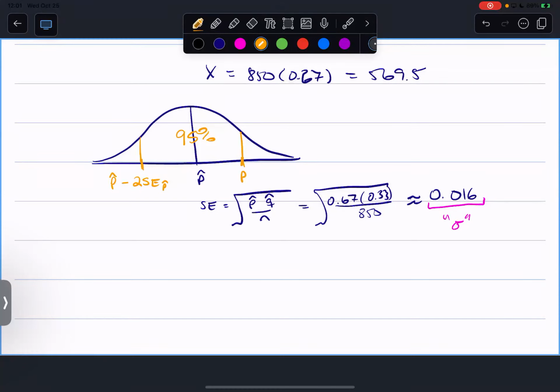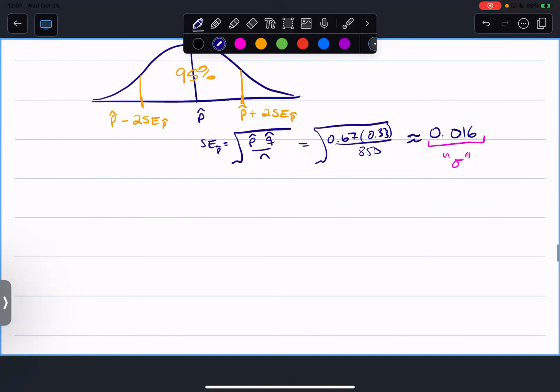Then I go up 2 standard errors, so p hat plus 2 times the standard error of p hat. I'll be proper and put a little subscript p hat on the standard error, because later we're going to have standard errors from different things.